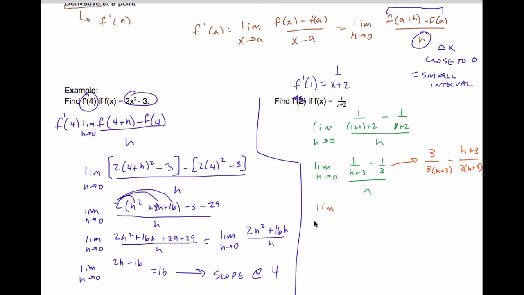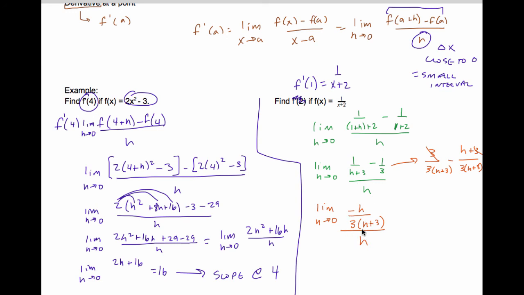So the limit as h approaches 0 of, now I'm going to combine these. I've got 3 minus 3, which leaves just a minus h, over 3 times h plus 3. When I look at this, I'm still dividing by h, right?